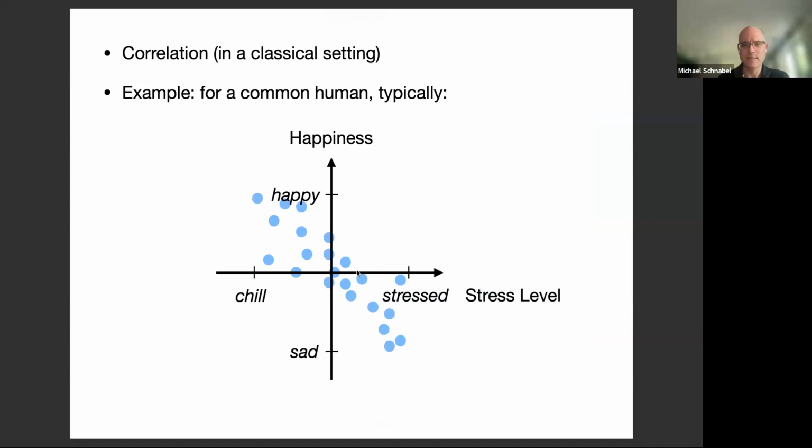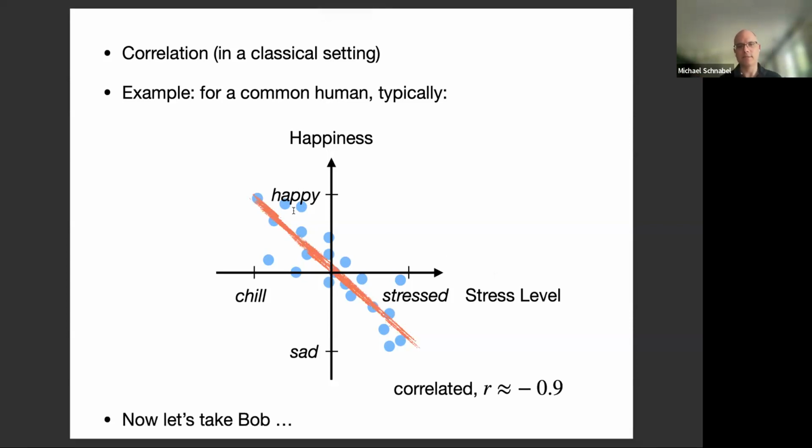So there's an anti-correlation on the stress-happiness axis, negatively correlated, as we would say in statistics. And now you could make a linear regression and you would extract correlation coefficients also.